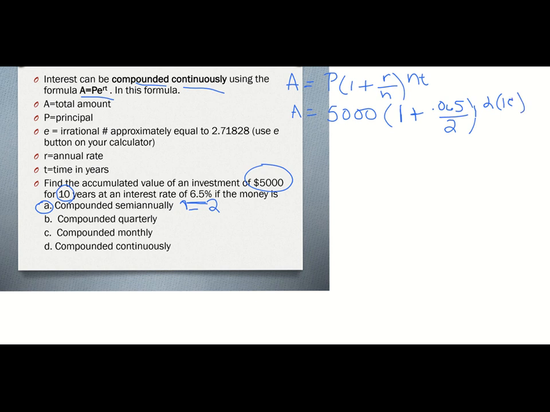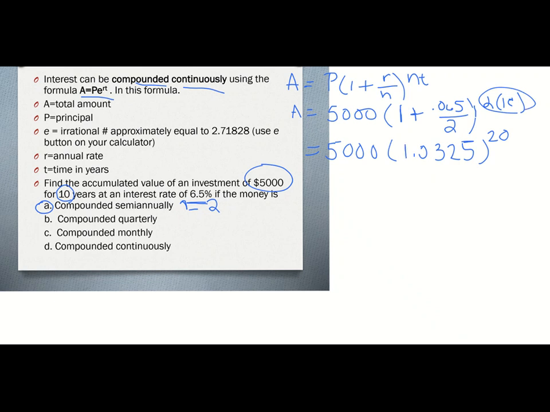Okay, and again, do those parentheses first. So I'll take my 65 thousandths divided by 2 and add 1. So it will give me 5,000 times 1.0325 raised to the 20th power, because I got that by multiplying 2 times 10.